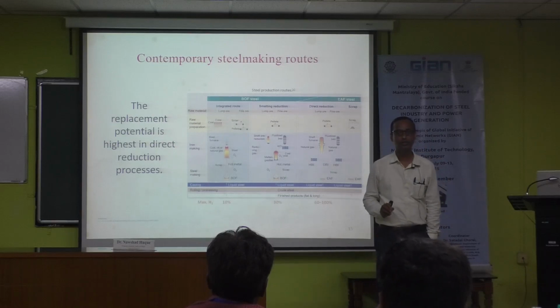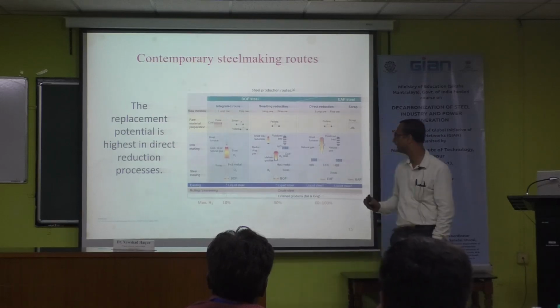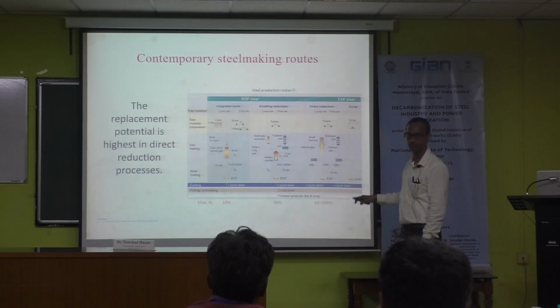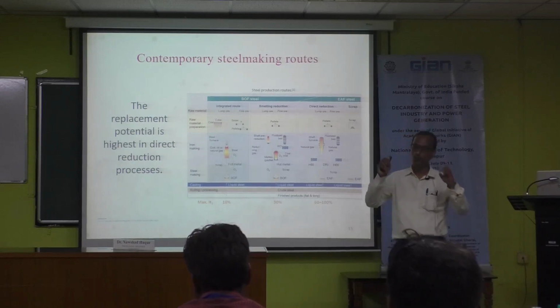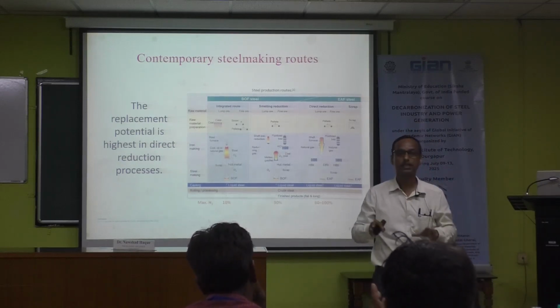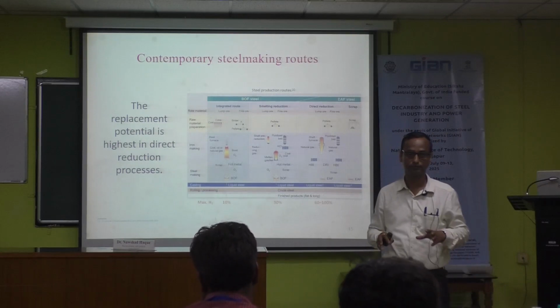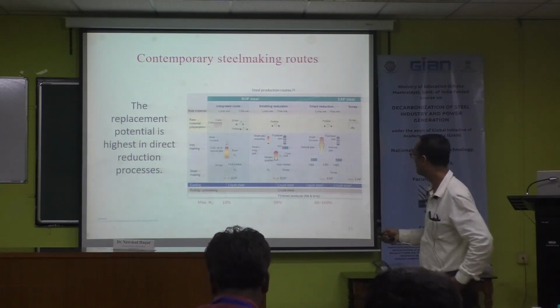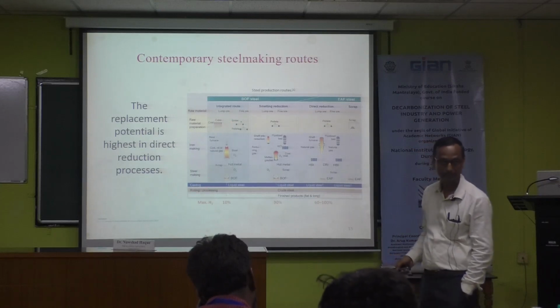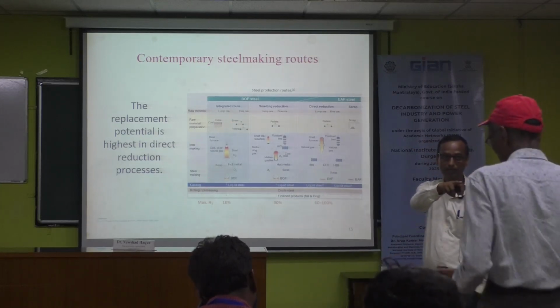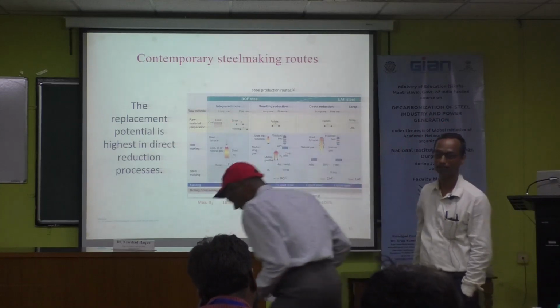Coal replacement, you are talking about, the replacement potential of another fuel. You are replacing the coal with hydrogen, and in the blast furnace only 10% of the fuel can be replaced.